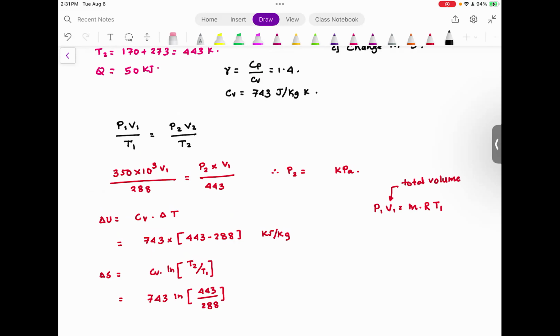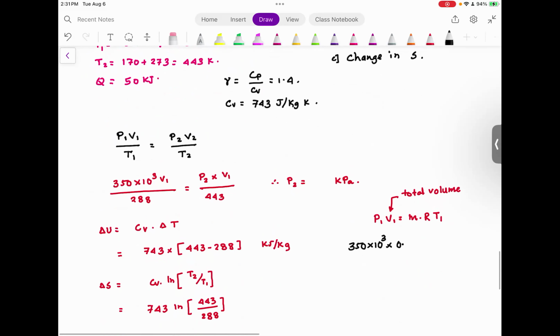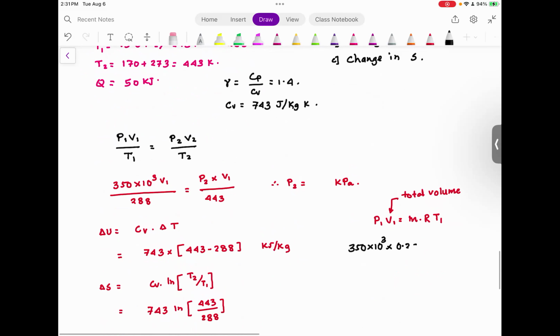So 350 kilopascals, V1 is 0.2, m, and the R value for the gas we don't know, but we know Cp divided by Cv is equal to 1.4.